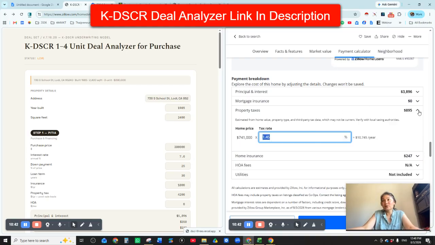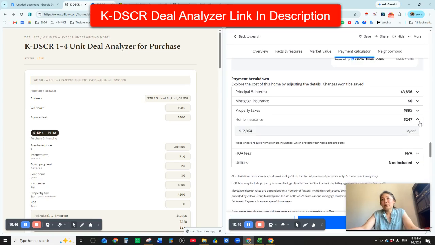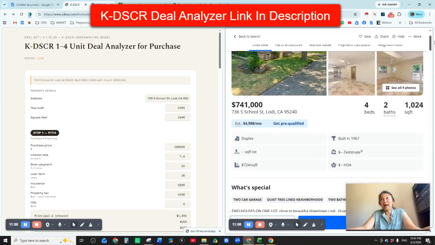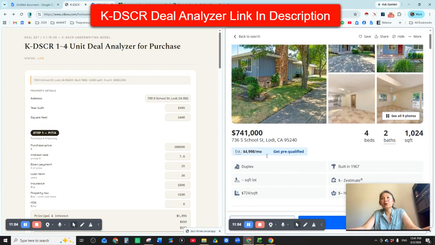Okay, just here, home insurance, you have to check with your insurance broker to make sure, also whether the 247 is per unit or for both. From what I'm seeing here, it looks like two houses, so that quote could be for one house, and it might not be for both houses.